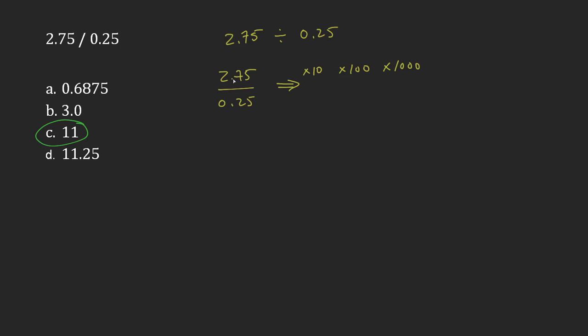So if I multiply by 10, that's going to move my decimal over one place, and that's not going to be enough. But if I multiply by 100, then I'm going to move the decimal over two places, so it'll be just 275 on the top. On the bottom, it would be 0.25, or just 25, which makes things a lot easier to work with.